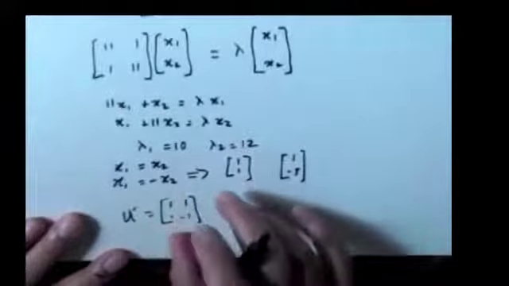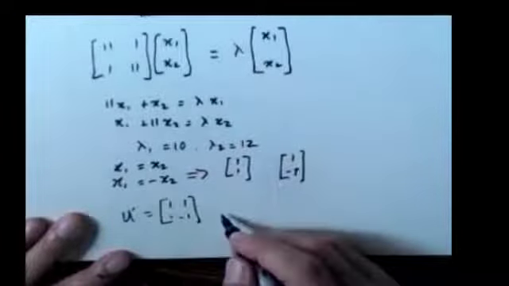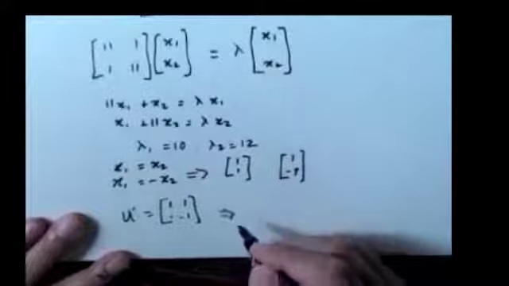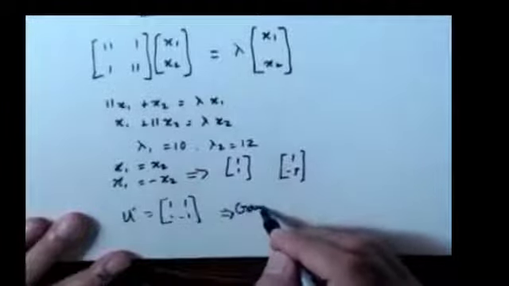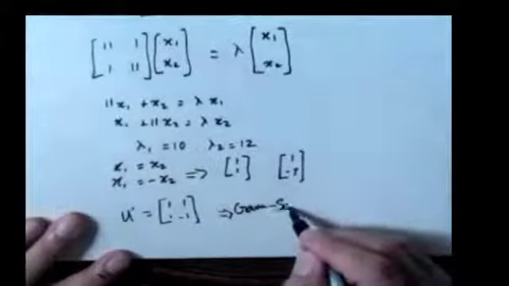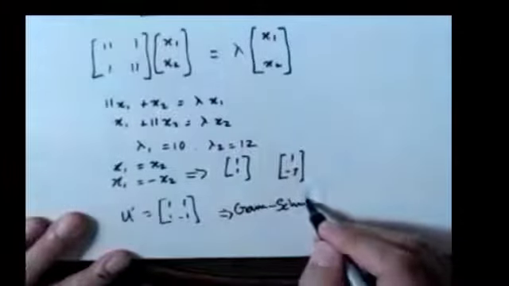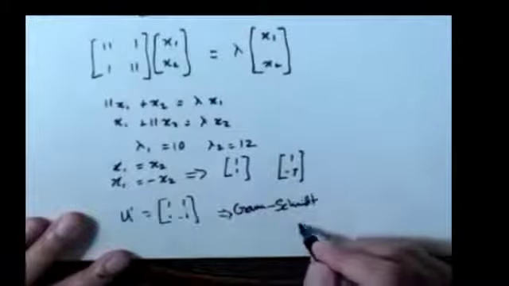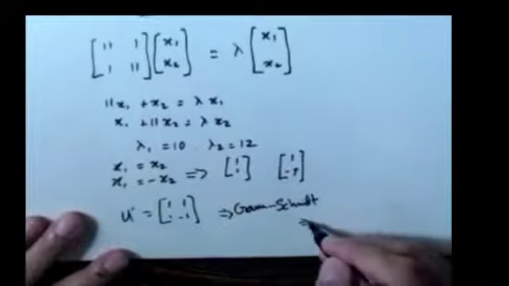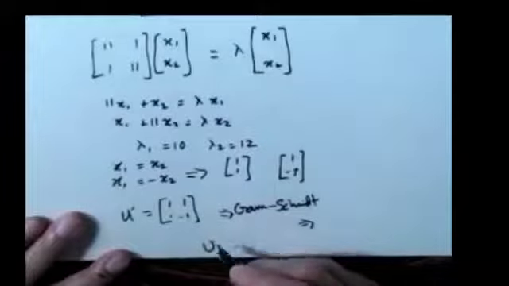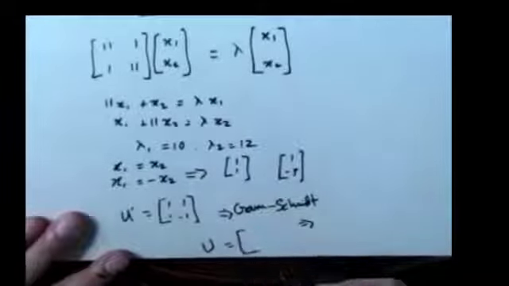I'll explain that procedure in a bit, but right now I'm just using it to convert them into orthonormal vectors, and what I get is my U. I'll just write it out right now.